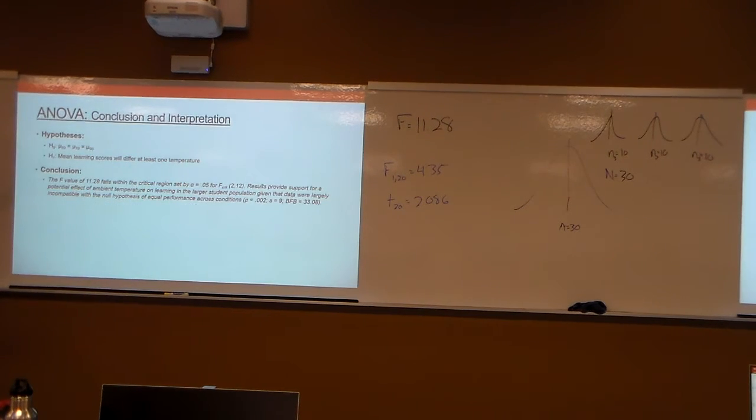All right. So conclusion and interpretation for this. Our null hypothesis here is that mean performance in the conditions of 50 degrees, 70 degrees, and 90 degrees are all going to be equal. Our alternate hypothesis is that mean learning scores will differ in at least one temperature condition.